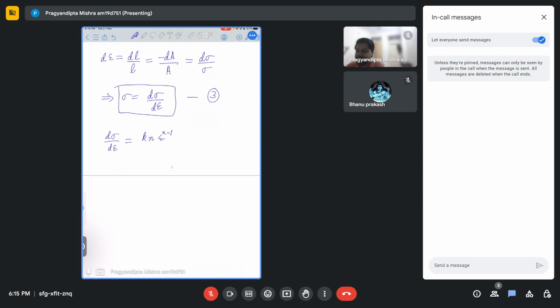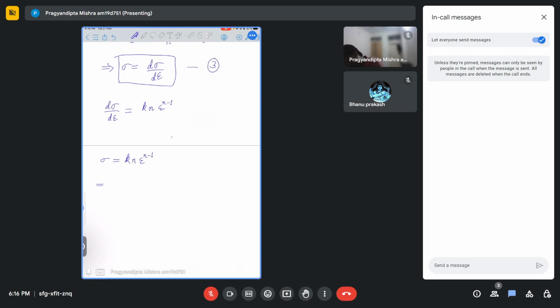And if I substitute this back in equation number 3, it will be sigma is equal to K times n epsilon to the power n minus 1, or K times epsilon to the power n is equal to K times n epsilon to the power n minus 1, which will lead to epsilon is equal to n, right?